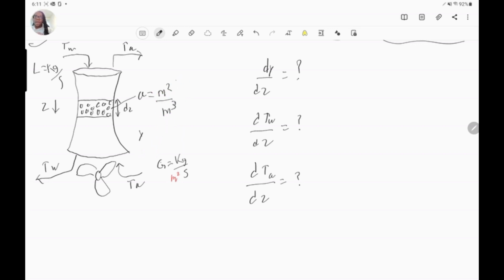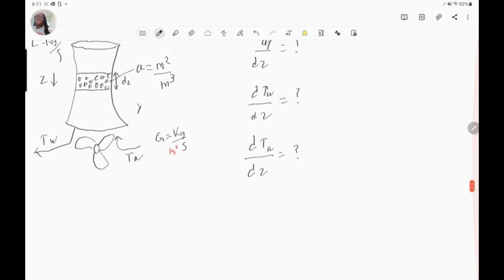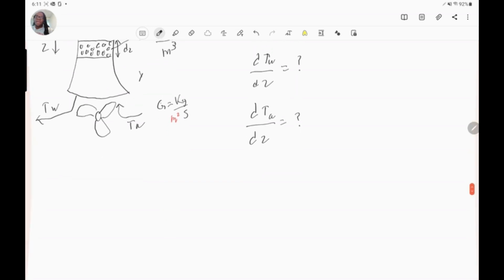And so we'll start getting into our equations. For this one, we need to define our differential equations. We need to define our change in mole fraction of water as we go down this column, our change in temperature of water as we go down this column, and then our change in temperature of the air as we go down the column. So we're going to start off with our first equation.